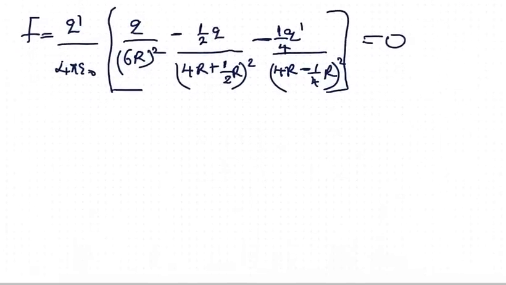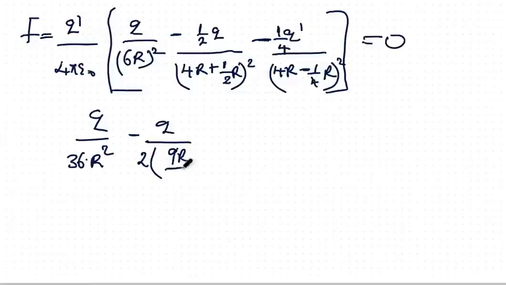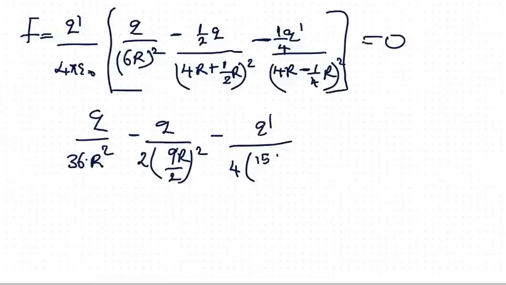So simplifying this, q divided by 6r squared is 36r squared, minus q into 1/2, then I have this 2 by 4 is 8 plus 1 is 9r divided by 2 all squared, minus q prime divided by 4 into 4 by 4 is 16 minus 1, that's 15r divided by 4 all squared, is equal to 0.